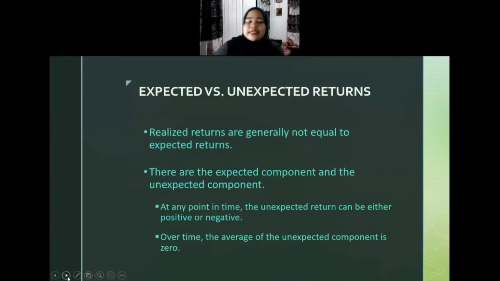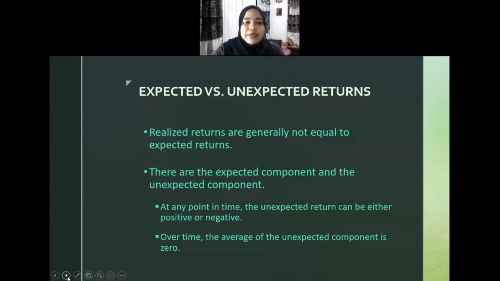Okay, there are different types of return, which are expected return and also unexpected return. Expected return of an asset is what an asset should earn based on what people know. It is something that we can predict.